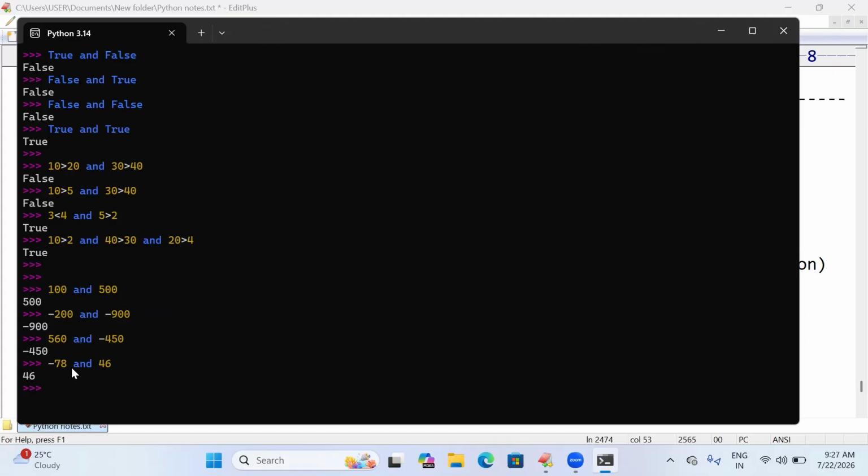So if we are going to do 0 and 45, the answer is going to be 0. See here, why is the answer 0? Because 0 is internally considered as false.